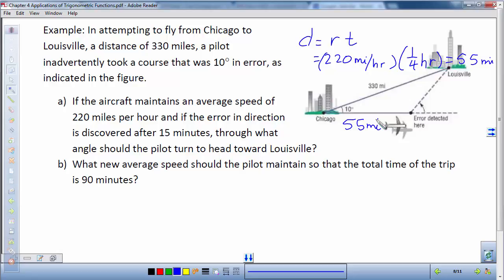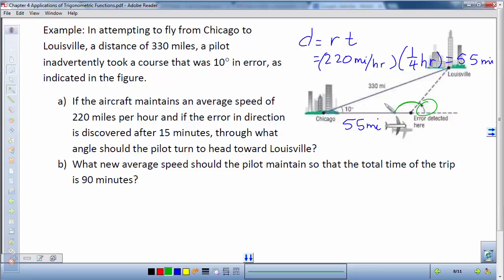Okay, good. All right, through what angle? We're trying to figure out which angle, and they show us the angle right here, which note that angle is not inside of the triangle. It's outside of the triangle, but that's the measure through which he's going to need to turn. I've got 55, two sides, so I guess I need to figure out this angle.